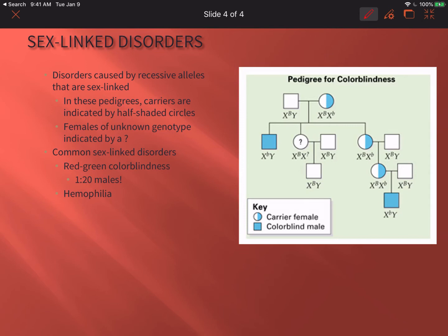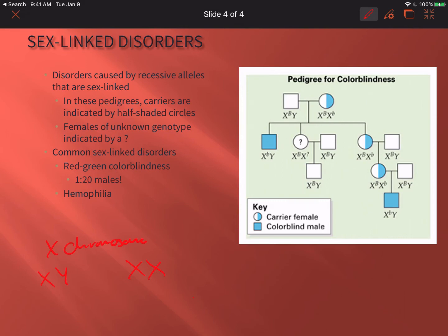So the reason why that is, is because most sex-linked disorders are located on the X chromosome. And so if it's located on the X chromosome, if you think about males, they're XY, and females are XX.